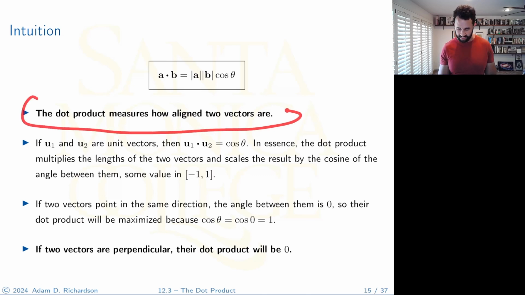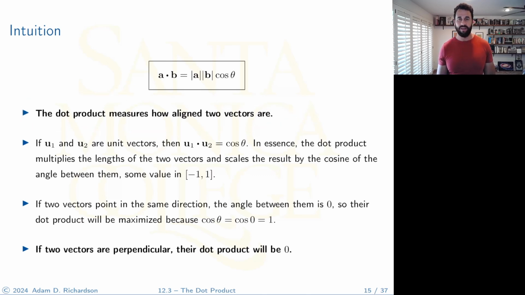The dot product is basically a measure of how aligned two vectors are. So what does this mean? This thing is kind of telling you how aligned two vectors are. And it's based on that angle, right? So imagine for a minute that instead of working with two non-unit vectors, you were working with two unit vectors. So suppose we had u1 and u2.